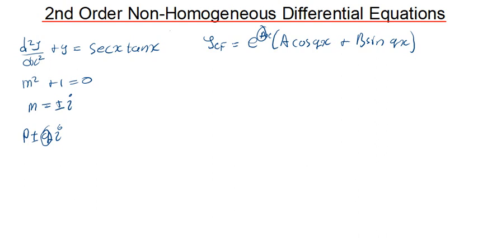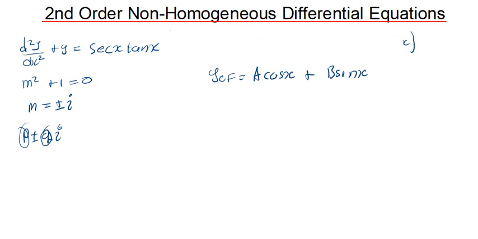Qi is the imaginary part, which is the coefficient of i, which is a 1. Our p is 0. So that is our complementary function: a cos x plus b sine x, since our q is a 1.